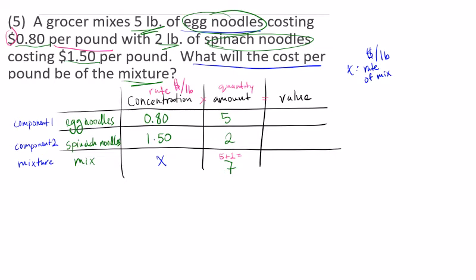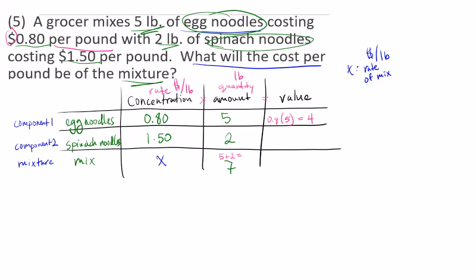All right, so now let's find our value. So we're going to multiply across, right? If we have 0.80 times 5, we'll get 4, right? So what that means is that if we have 5 pounds, that's our quantity or amount in pounds, 5 pounds times 80 cents per pound means that's worth $4.